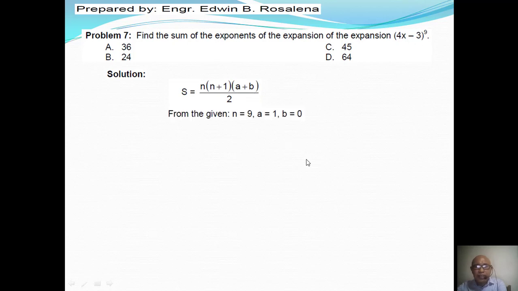So ito yung mga values natin: n is 9, a is 1, b is equal to 0. If we substitute to our formula, then we can get the sum of the exponents of all the terms, and that is equal to 45. Okay, so that is about binomial expansion.